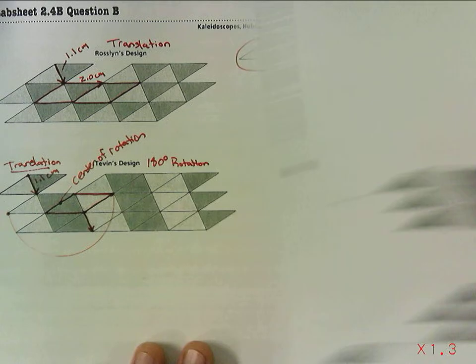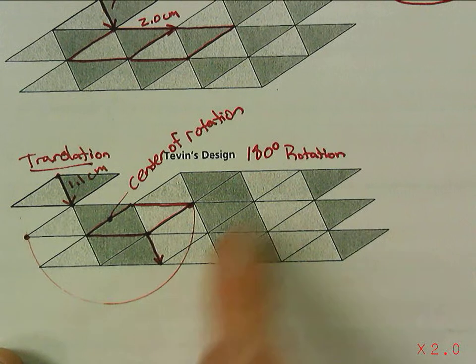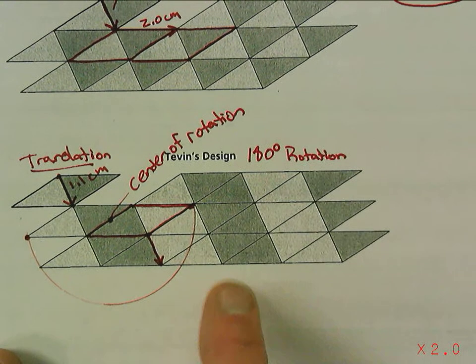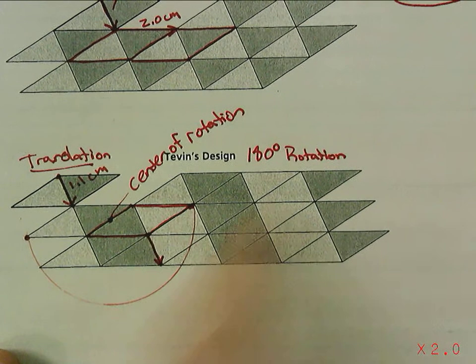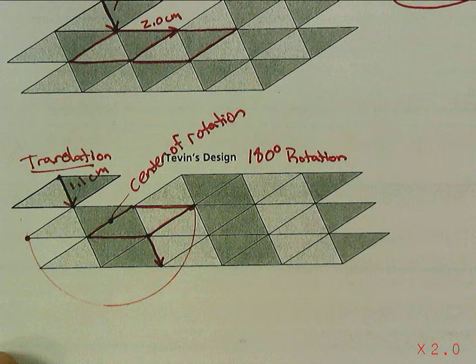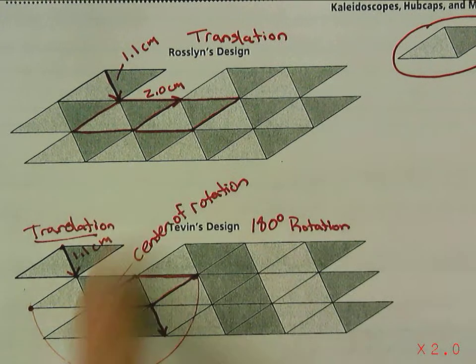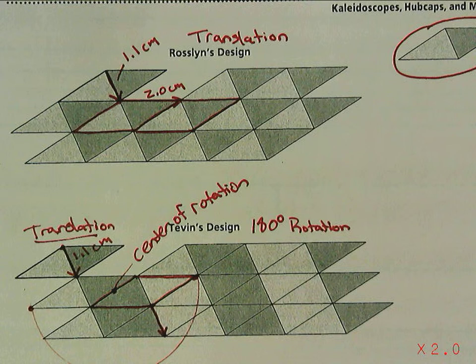And really the clue is, what did we do to this design to tessellate it? Did we translate and rotate? If we translated and rotated the image, then the overall image should have both translation symmetry and rotation symmetry. If it only has translation symmetry, then it won't have reflection or rotation symmetry in the overall object.